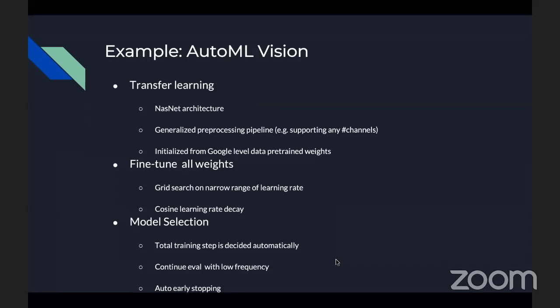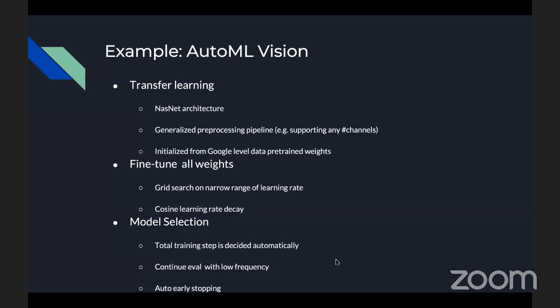Another example is AutoML Vision, which is another product that tries to use an end-to-end AutoML algorithm to solve image classification problems. Here, the design is a little bit different because for vision tasks, we can leverage a lot from transfer learning.